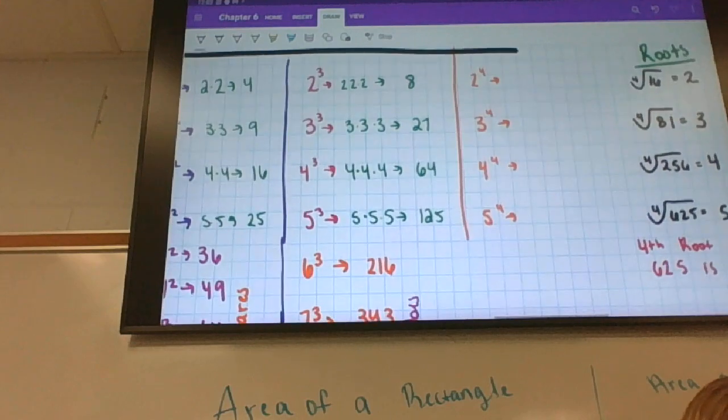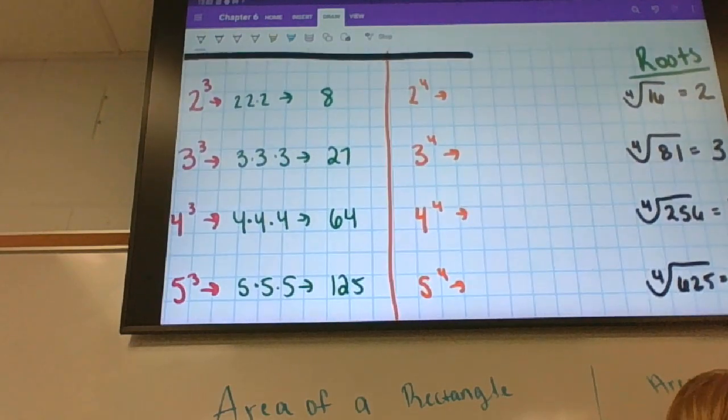All right, perfect cubes. And now we'll do numbers raised to the fourth power.